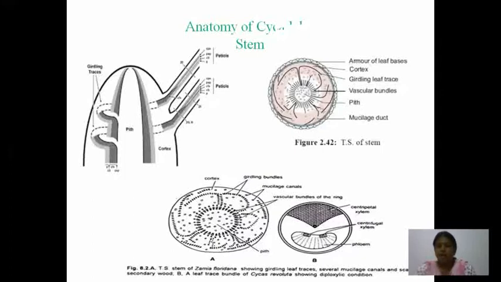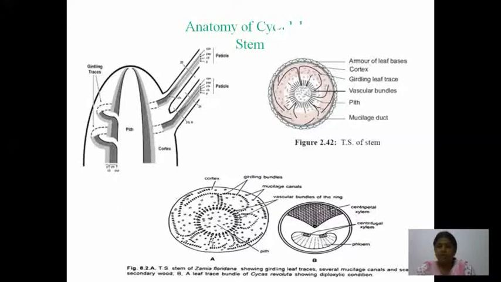There are 2 to 3 rings of secondary wood present in the stem due to the succession of the cambium in the stems of the Cycadales.